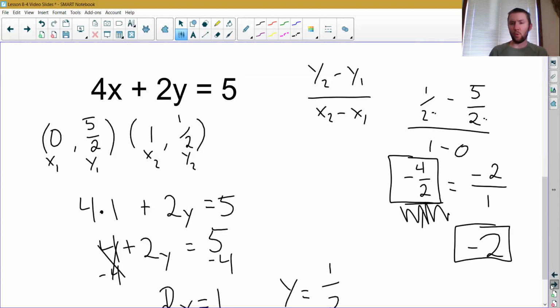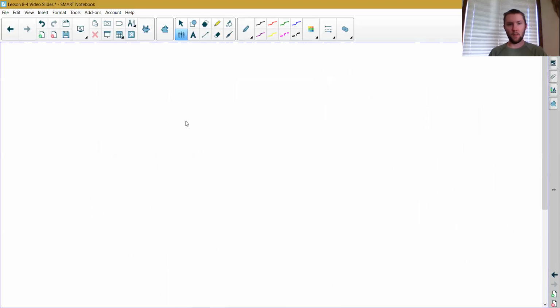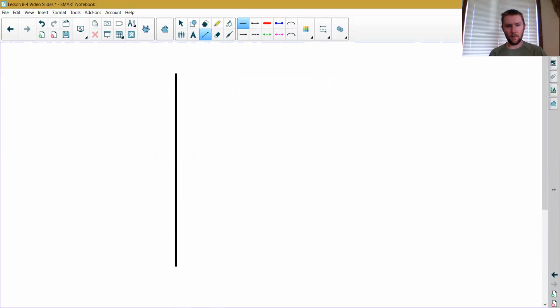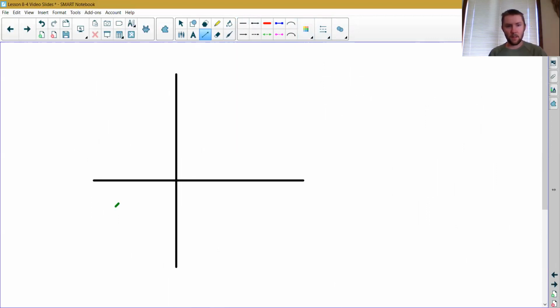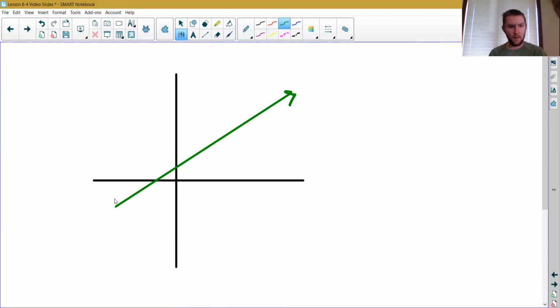Now, if we are given a graph of a linear equation, and I draw myself a graph here real quick, and I'm asked to find the slope, let's say I've got this linear equation, and I put my arrows on it because it goes forever in both directions.